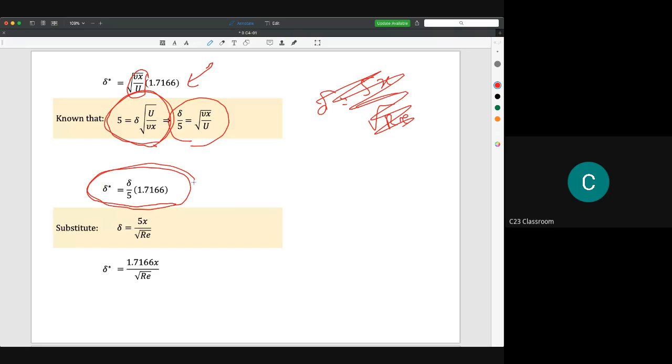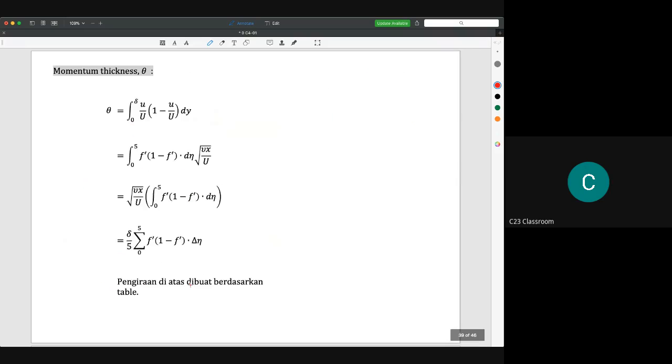Substituting the value of delta, delta star is 1.7166x over square root of the Reynolds number. So this is the calculation of displacement thickness.